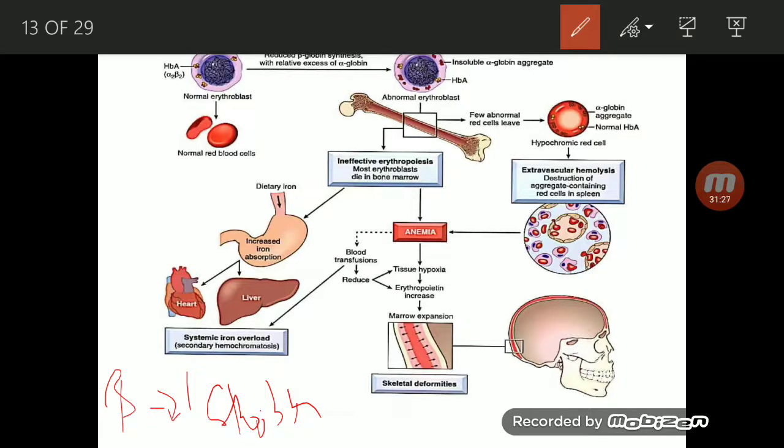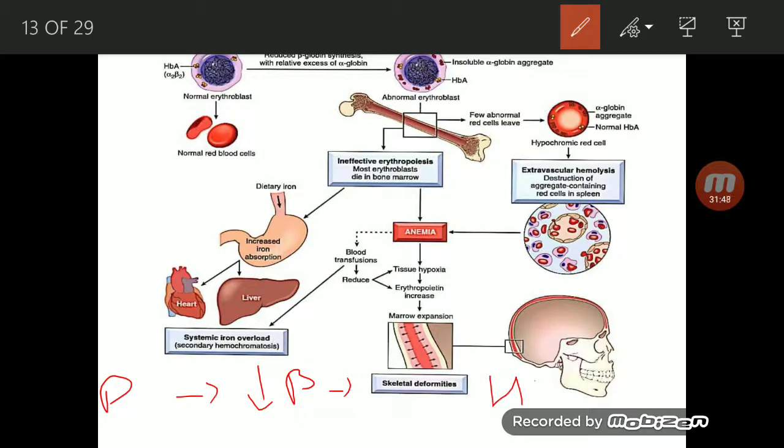Now because less beta globin is getting formed, you will get inadequate formation of HbA, normal hemoglobin, that is your adult hemoglobin.